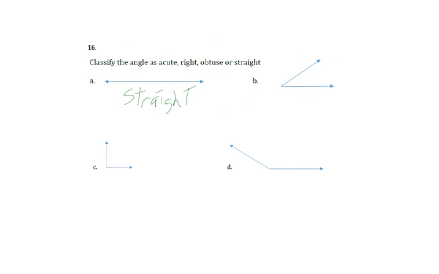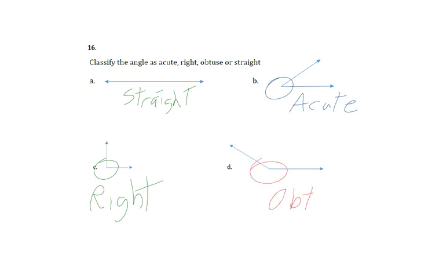B, you'll notice it has a sharp corner, so that means it's acute. C is perpendicular, so that means it is a right angle. And D has a wide corner, so that means it's obtuse.